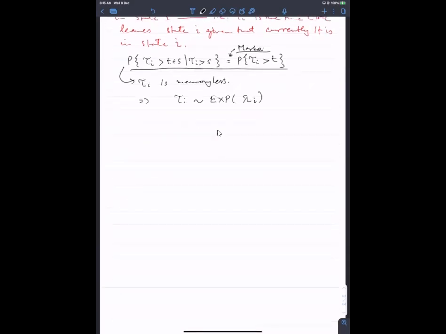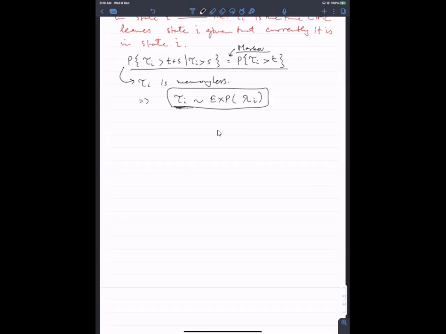So with this in mind, it is important to realize that the time you spend in each state before you transition out of that state is going to be an exponential random variable, which is a continuous random variable. In discrete time, we transitioned at every discrete time step: n equal to 1, then n equal to 2, then n equal to 3.